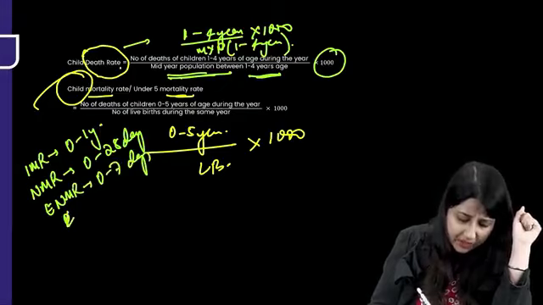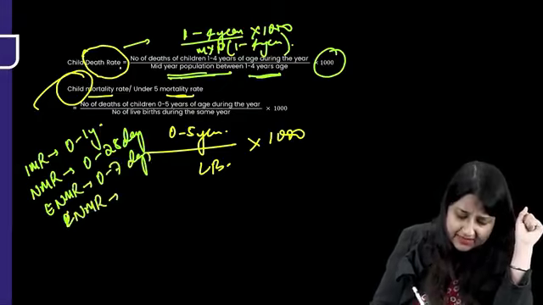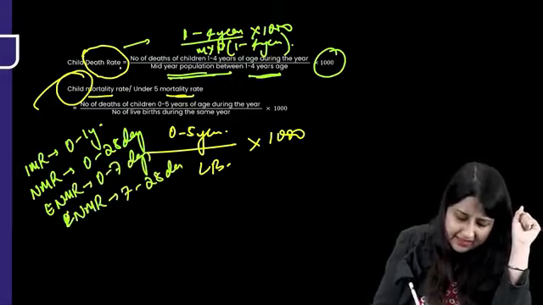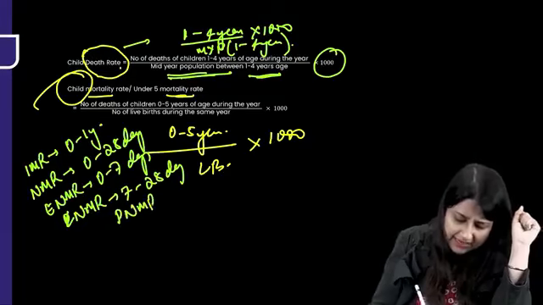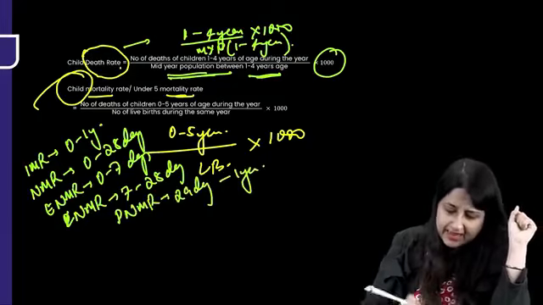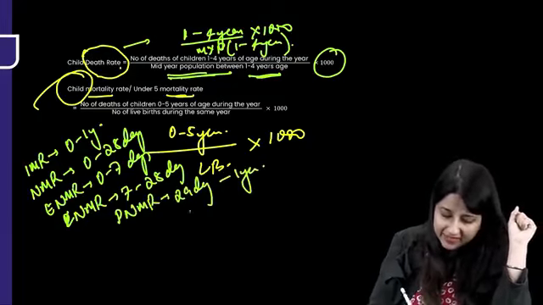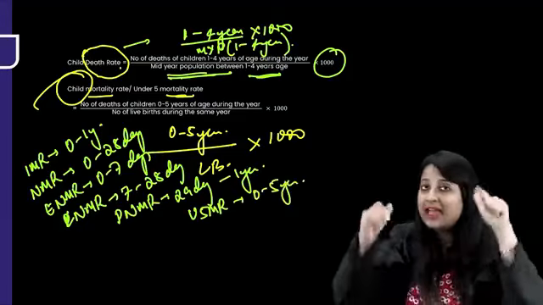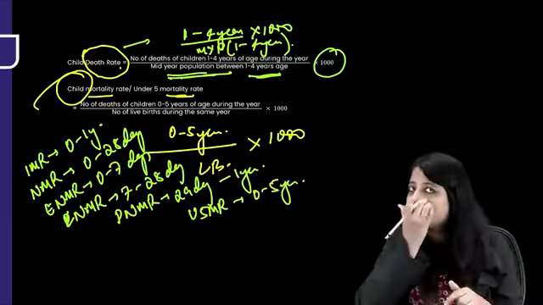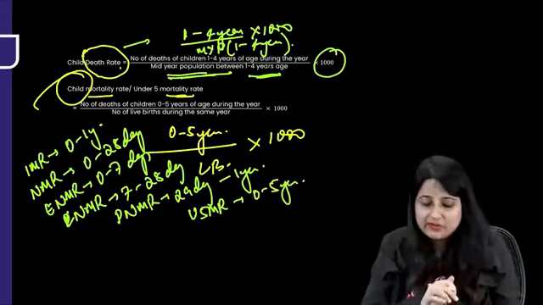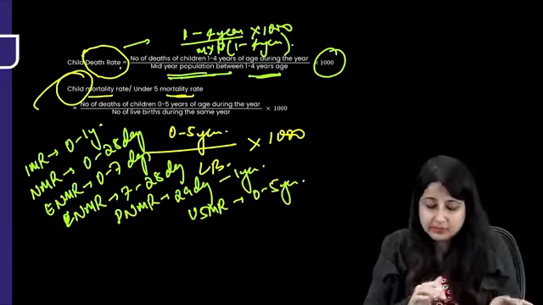Late neonatal mortality rate, everybody, is 7 to 28 days. Post neonatal mortality rate is from 29 days till 1 year. Okay, and under 5 mortality rate, if I ask you, under 5 is child mortality, so 0 to 5 years. But everywhere multiplier 1000, denominator live birth. Only for death rate, the denominator is mid-year population.